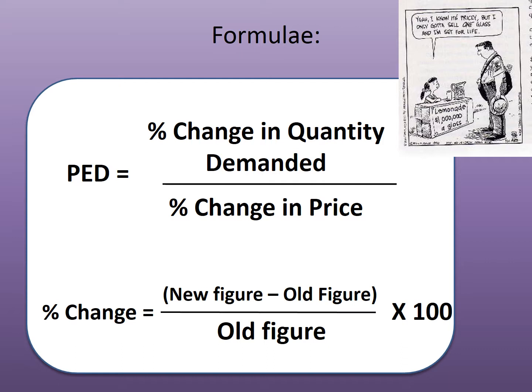And then you would just divide by 2017's figure, and then times by 100, and that would give you the percentage change in market share from one to the next. So it's the same when we're looking at the percentage change in quantity demanded for PED as well. So you don't need to know this, but that bottom one you really should know, because that is pretty much a third of the maths in business that you will be using.